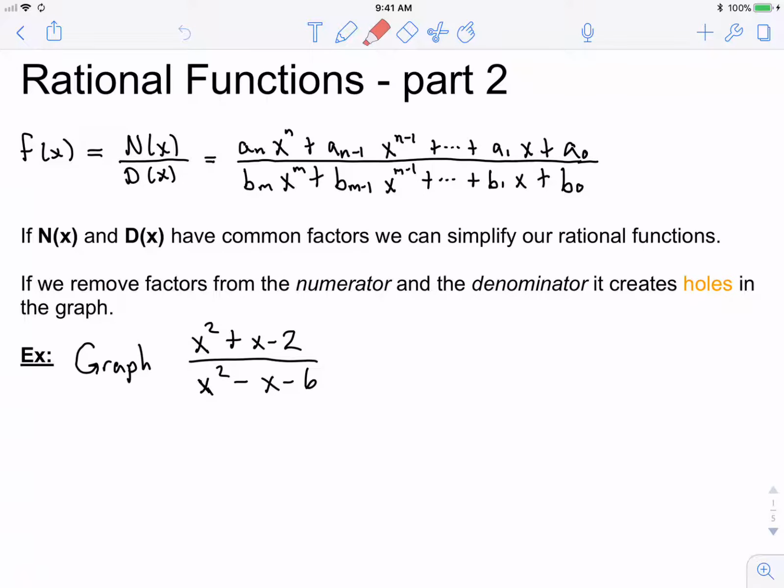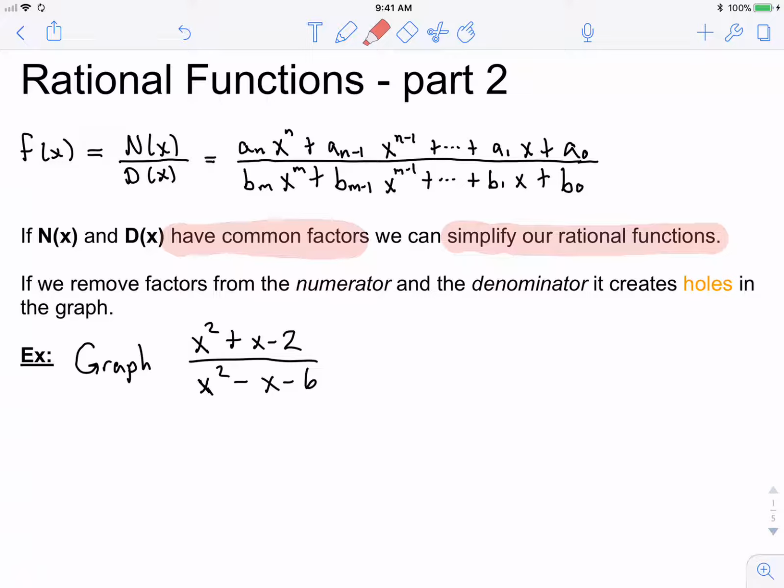In today's lecture, we'll finish talking about rational functions, and the main thing we still have to talk about is when we can simplify our rational functions because they have common factors. What this means is that if we completely factor the top and the bottom, the same terms appear and we can cancel them out.